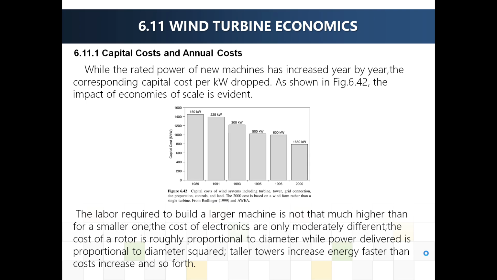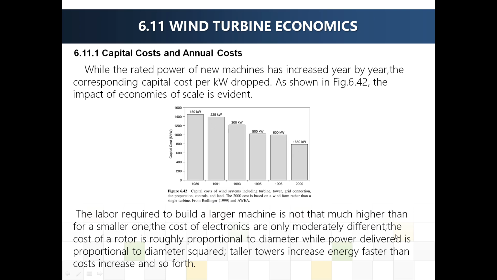As we can see, the capital cost of a wind system includes the turbine, tower, grid connection, site preparation, control, and land. The 2000 cost is based on a wind farm rather than a single wind turbine. And as we can see, the capital cost in terms of dollars per kilowatt hour has been continually reduced over the years.